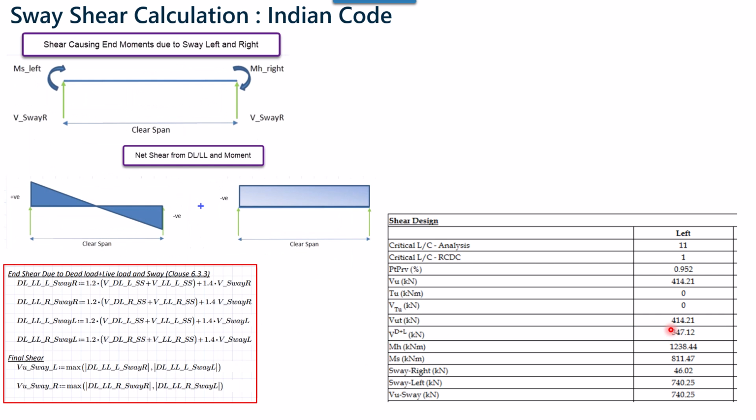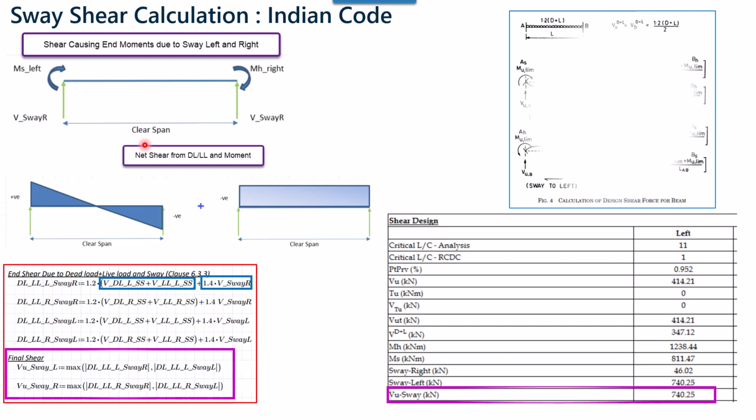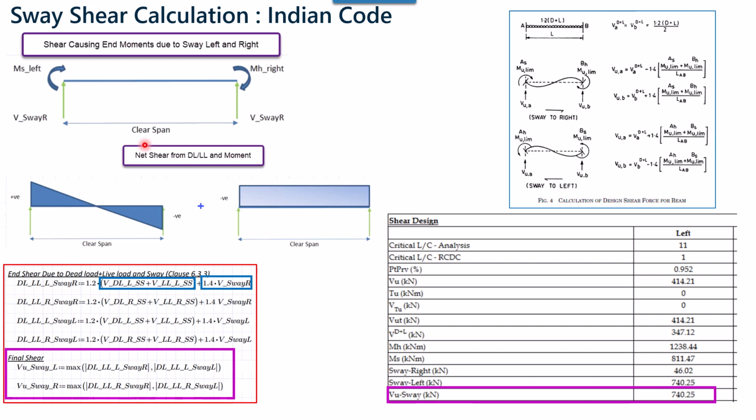Then finally, as per the codal formulations, we get the value of sway shear from shear due to left plus right, that is from the sway action itself, and from the net shear due to dead load and live load and its moment. So we use both of these shears to get the final value of the VU, that is the shear at the left and shear at the right, as mentioned in the code. So in this way, the sway shear calculation is being performed.